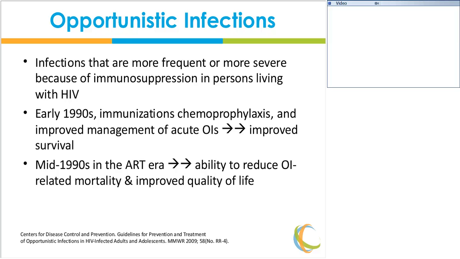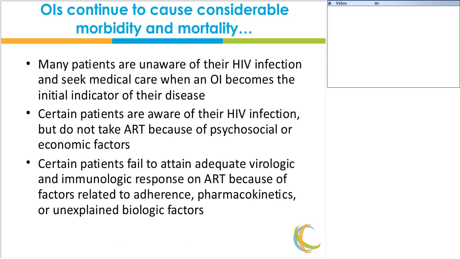The caveat is that we could only do that when the patients were in care and when we could manage them on a regular and routine basis. OIs, even despite all of the advances we've seen in the last 20 years, continue to cause considerable morbidity and mortality.